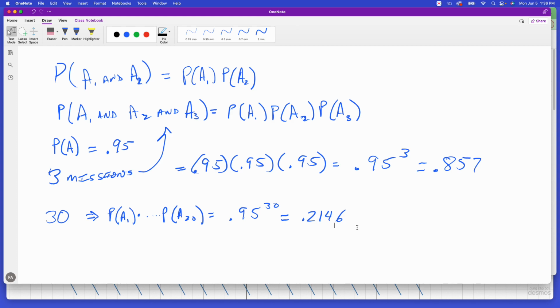If you're talking about 30 missions, you have 1/5 of the fleet that you started with. That tells you that you need to replace 4/5 of the fleet every 30 missions. That gives you an idea. If you're running one mission a day, every 30 days you're going to need to pump out 4/5 of your fleet. So let's keep the problem simple in terms of fifths.